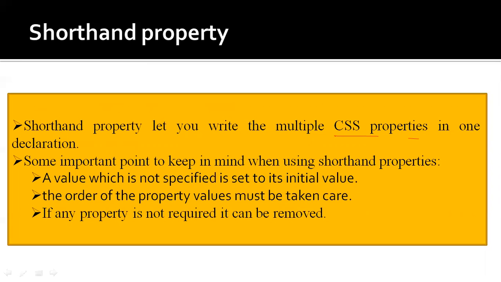Some important points to keep in mind while using shorthand properties: a value which is not specified is set to its initial value. The order of the property values must be taken care of, and if any property is not required, then it can be removed. But the order must be maintained.